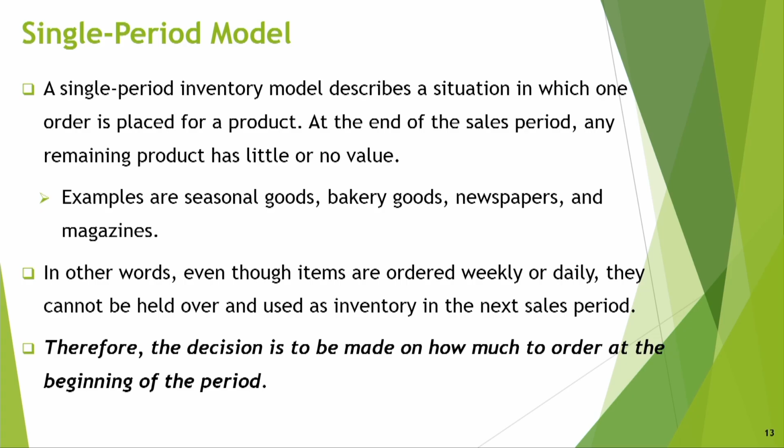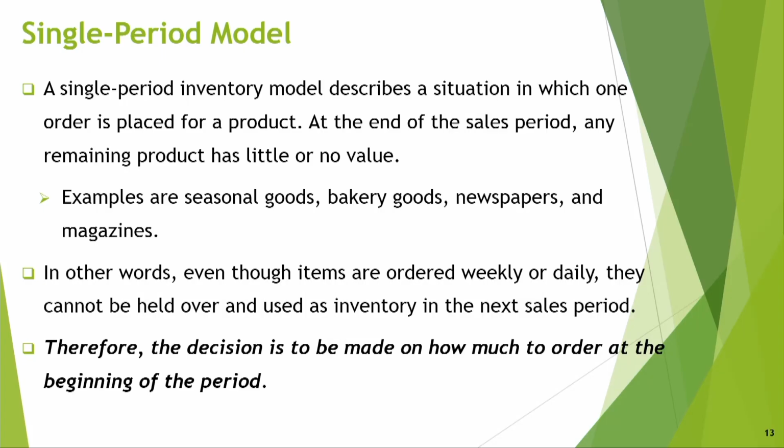Examples are seasonal goods, bakery goods like bread, people purchase and eat bread and butter in the morning. So bread comes in from the market, maybe curd also, curd will go bad, milk also, newspapers and magazines.